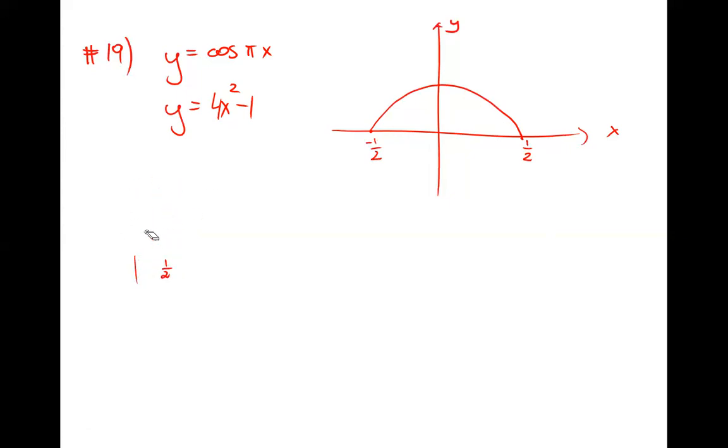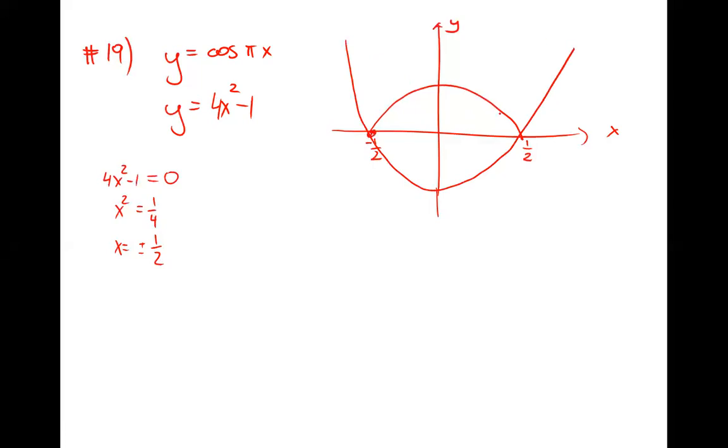Again, it's a little bit complicated function, but it's still not bad. And then this one is just the parabola shifted 1 unit down. And if I take this parabola, 4x squared minus 1 equals 0, if I would like to find the x-intercept, I will have 1/4, taking the square root. I have square root of 1/4, which is the same values. That means the parabola will go through the same x-intercepts.